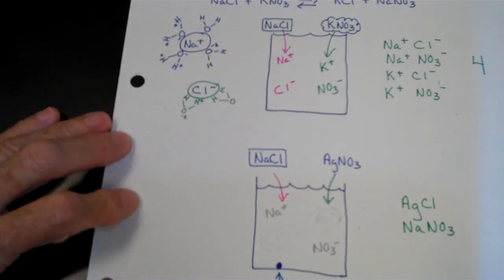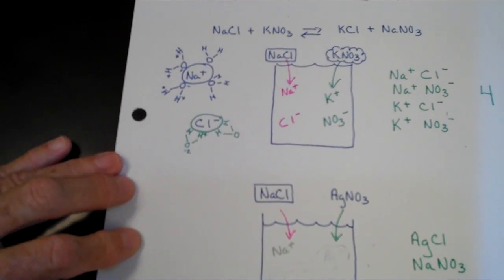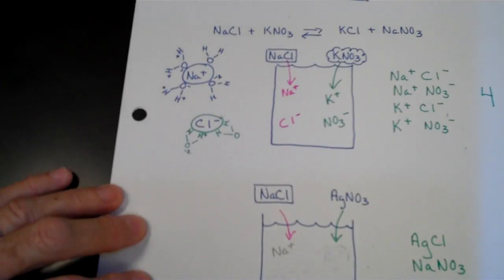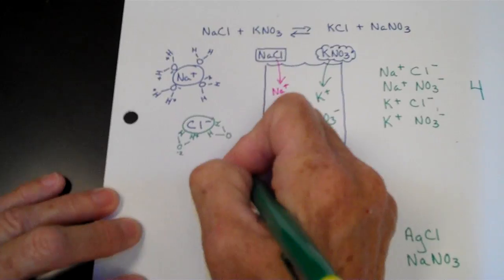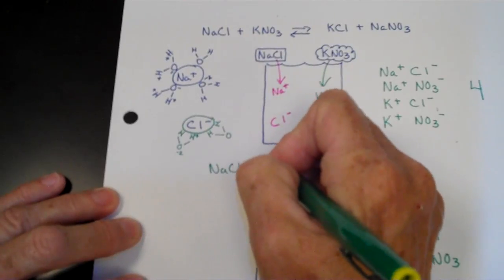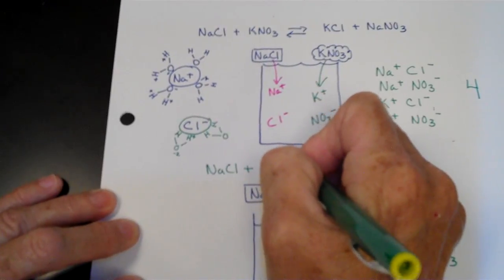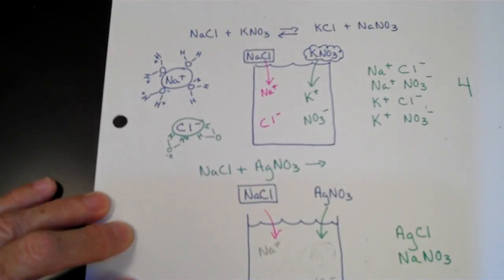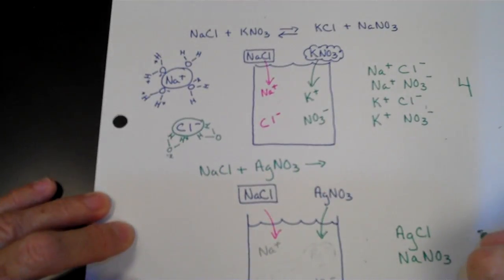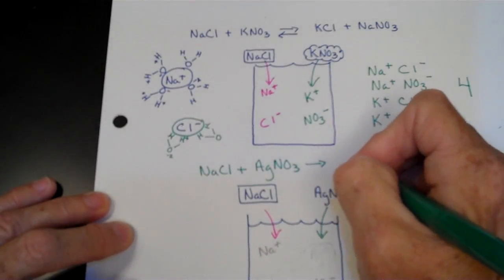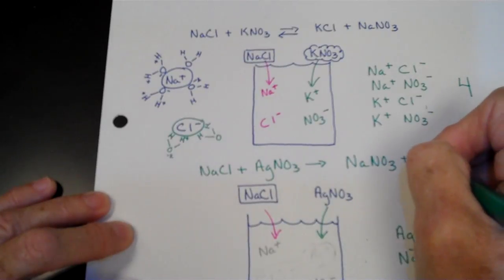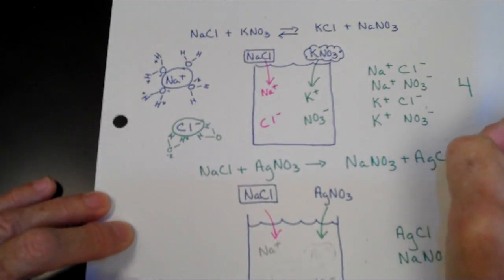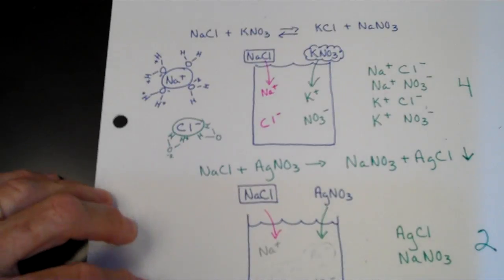Well, let's go back up: if we have NaCl and AgNO3, the products of this reaction will only be two products. The NaNO3, sodium nitrate, and silver chloride, which precipitates out.